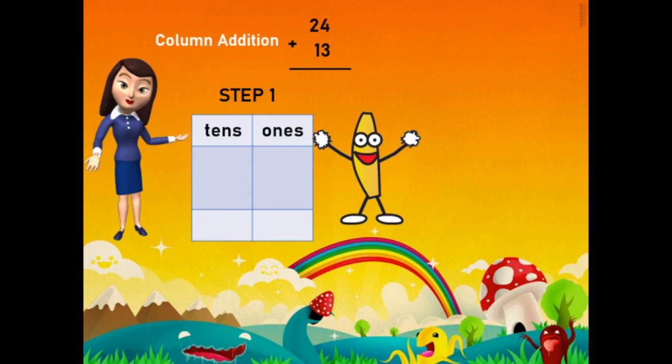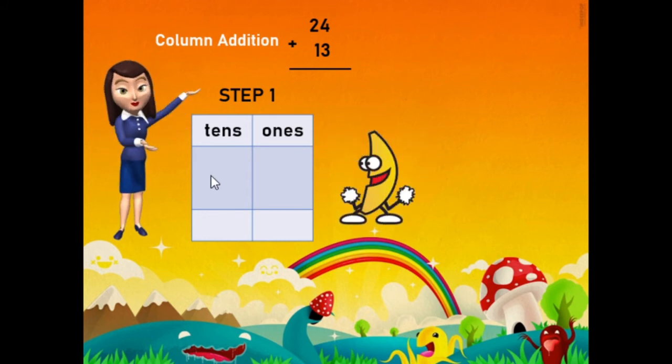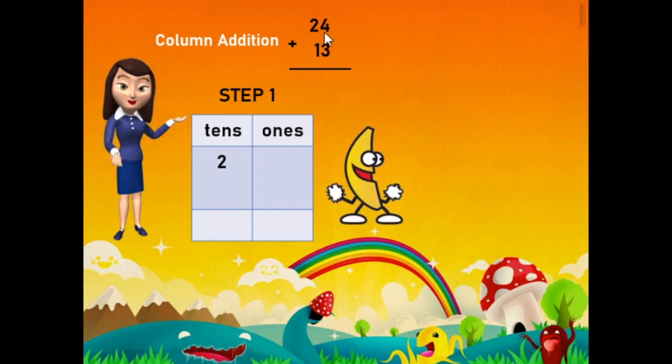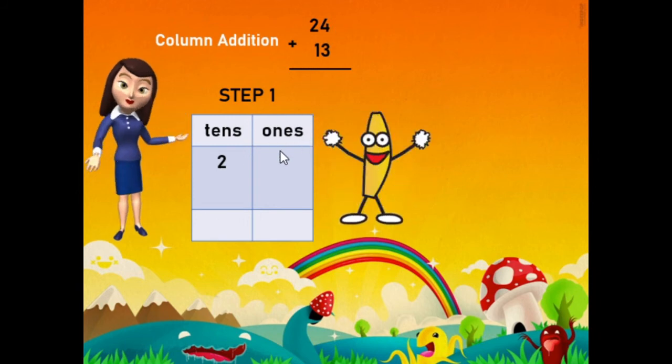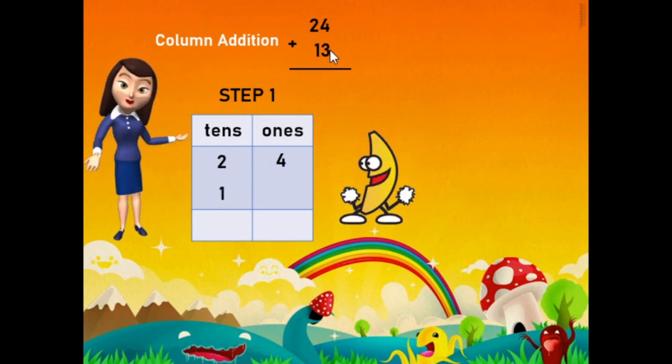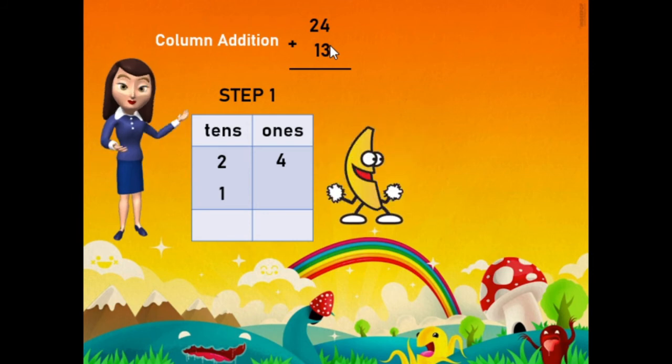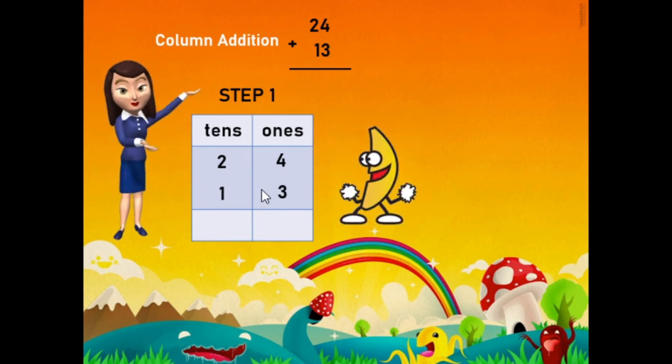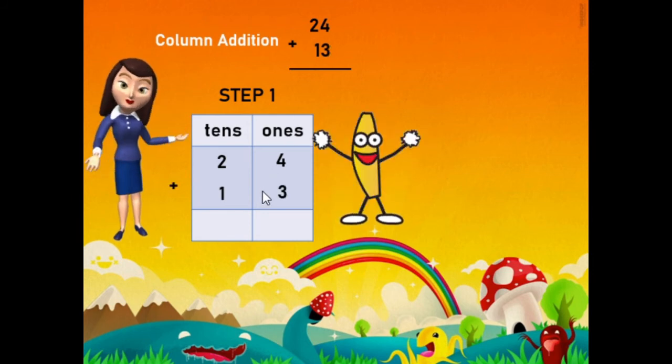Let's begin with 24. In 24, tens would be 2 and 4 would be ones. For 13, 1 would be tens and 3 would be ones.